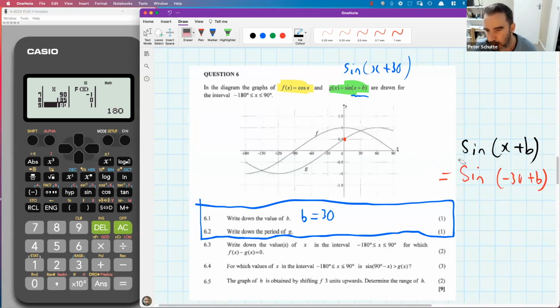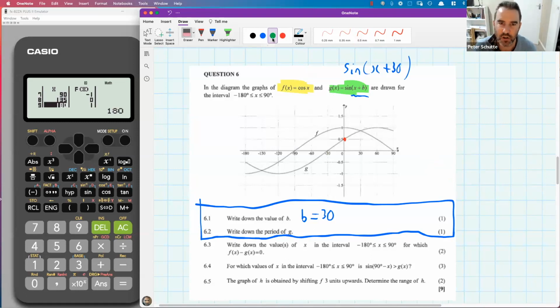But I think for most of us, the simplest way to spot the shift is just to look at where the sine graph normally starts, and where has this graph been moved to? And it's been moved to the left by 30. And so if I want to move to the left by 30, then my graph will basically be sine x plus 30.